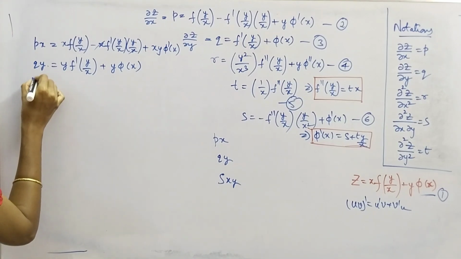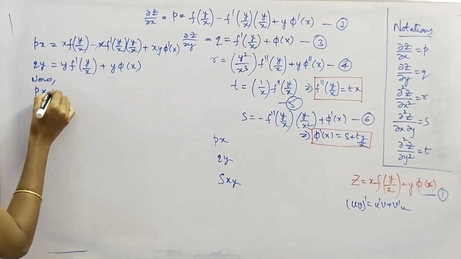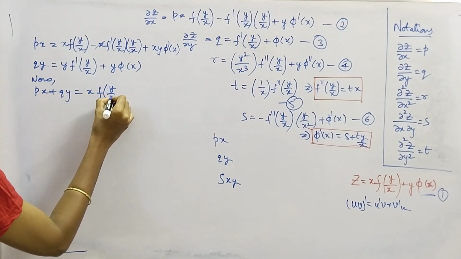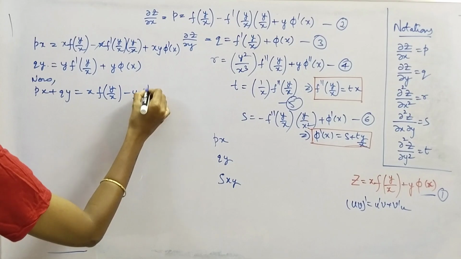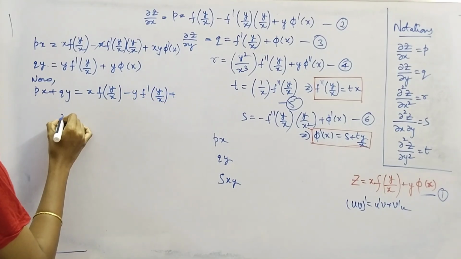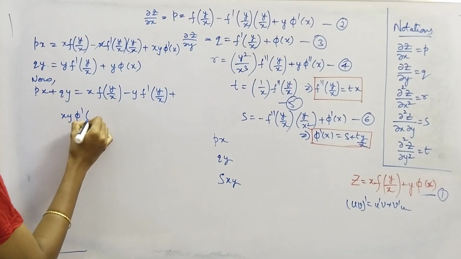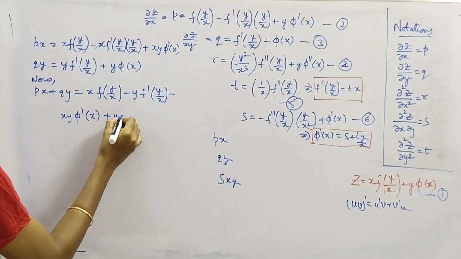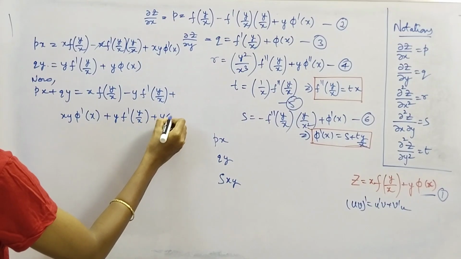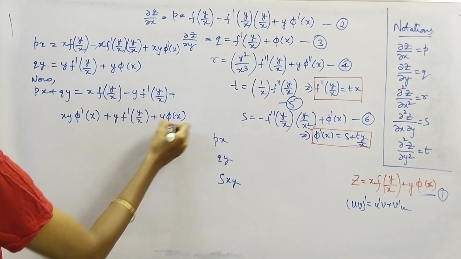Now px plus qy gives x into f of y by x minus y into f dash of y by x plus xy into phi dash of x plus y into f dash of y by x plus y into phi of x, right?